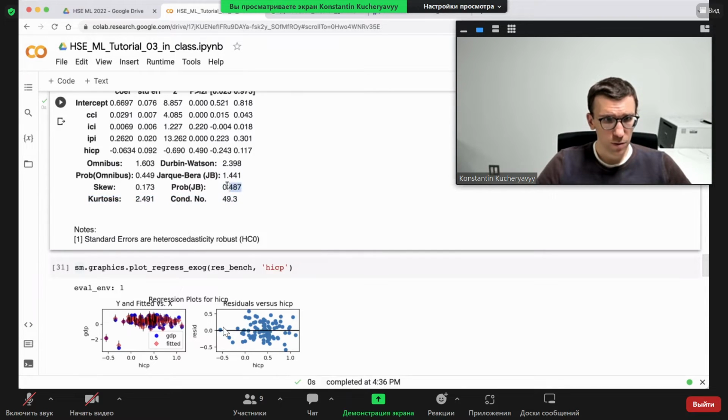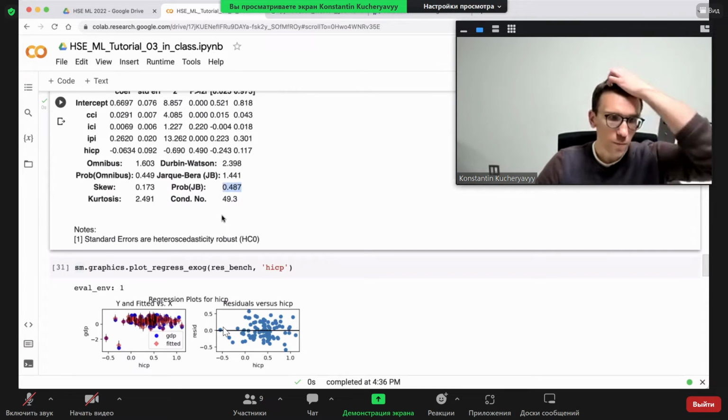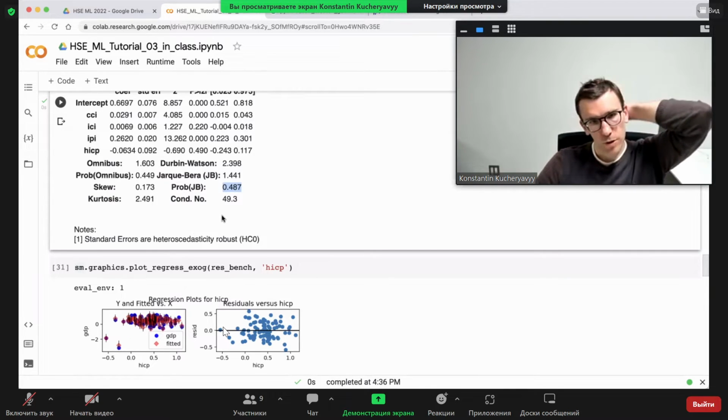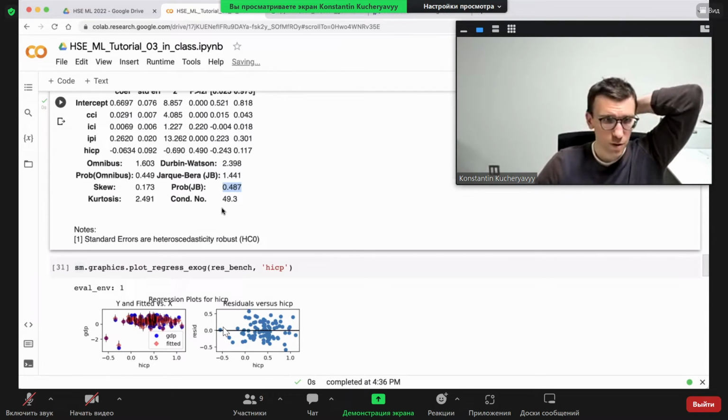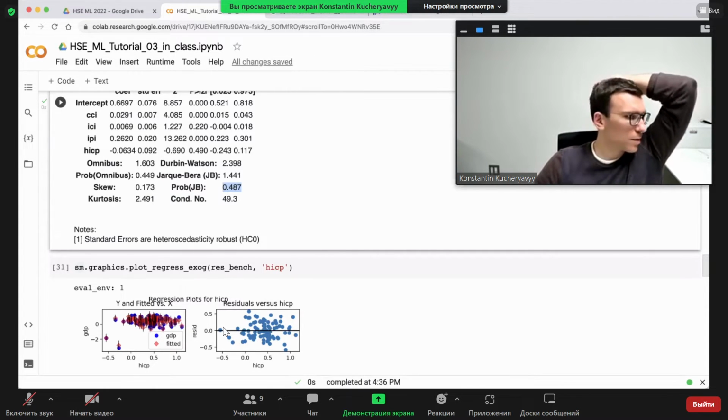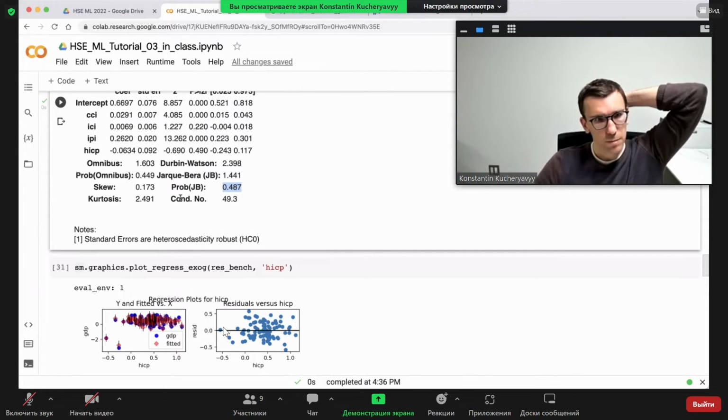So the p-value is 0.48, and the null hypothesis is normality. The probability is quite high, so we don't reject this hypothesis. So the one test tells us that the data is probably normal.